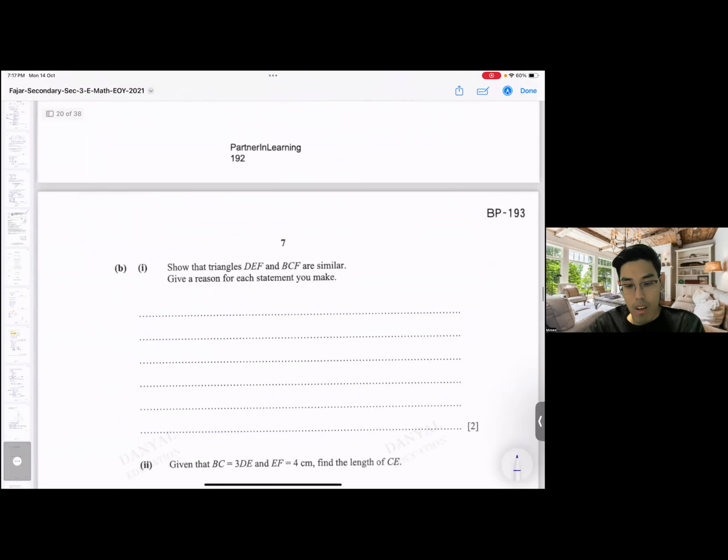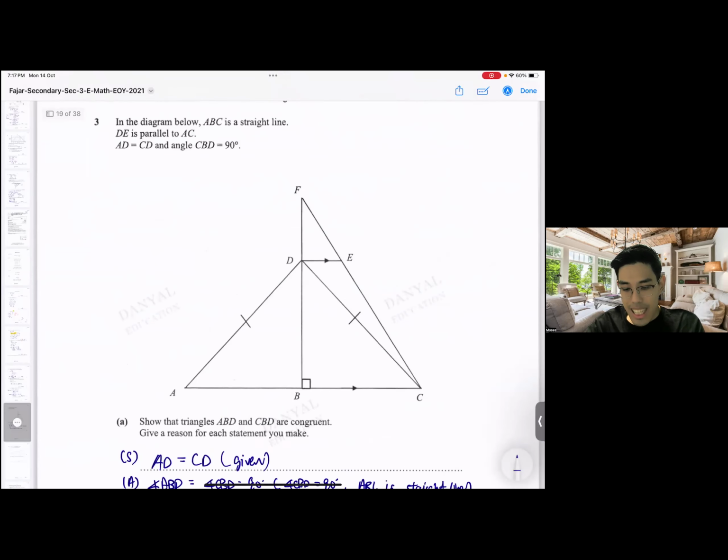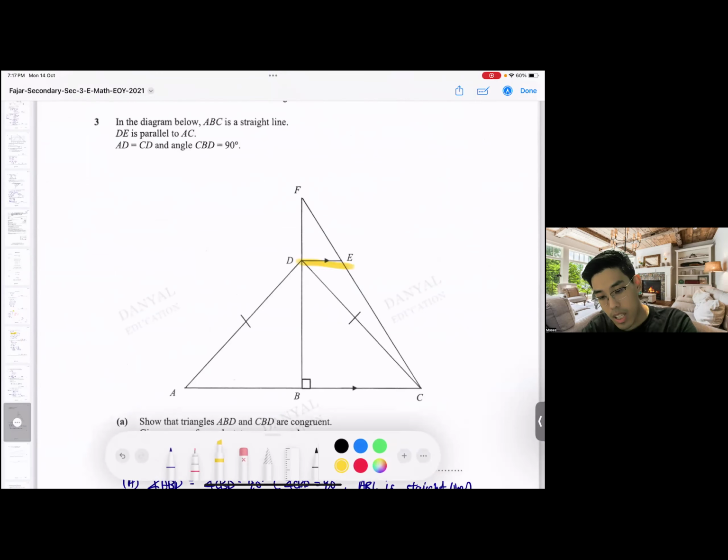Okay, next. Show that triangles DEF and BCF are similar. So take a look, it's DEF and BCF.